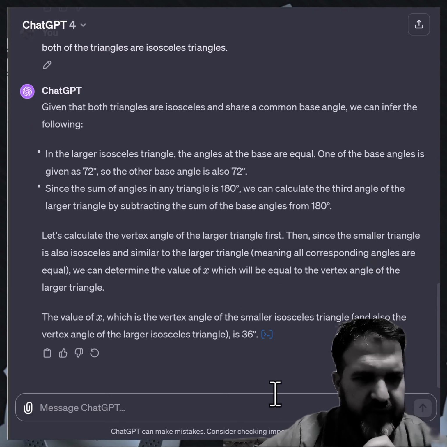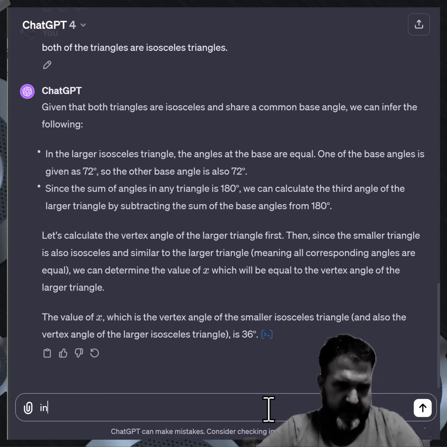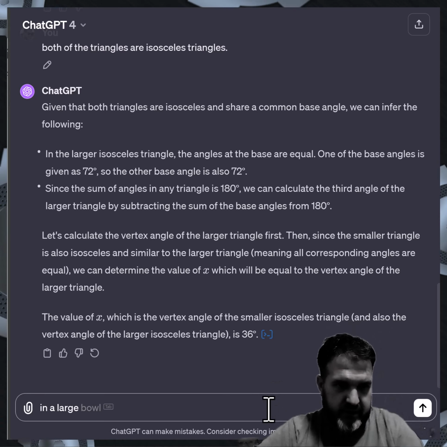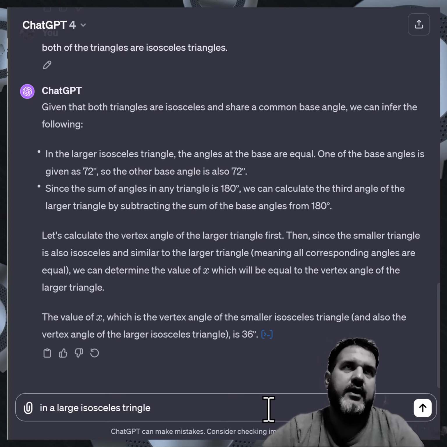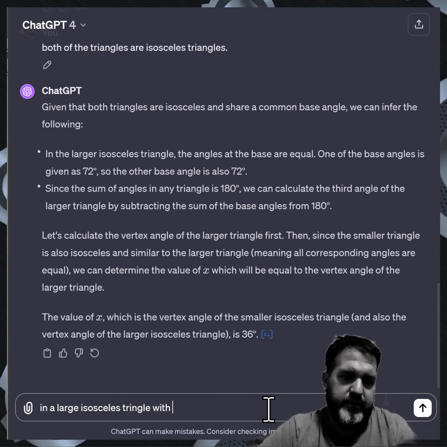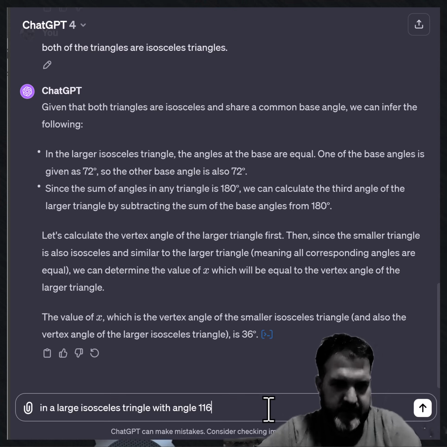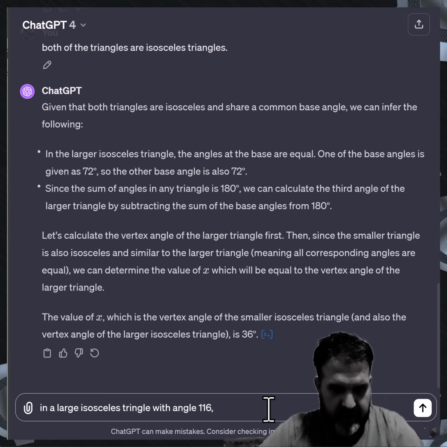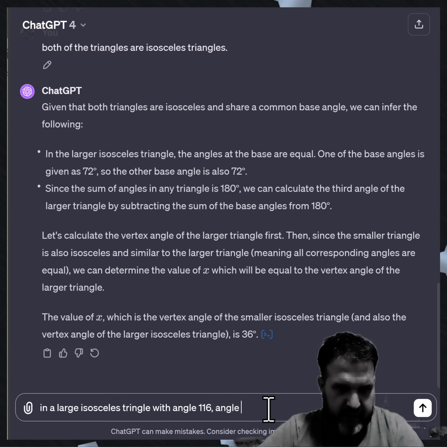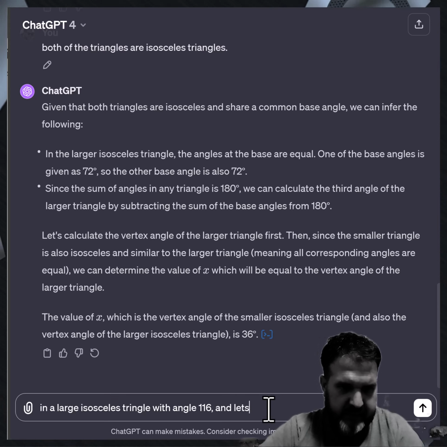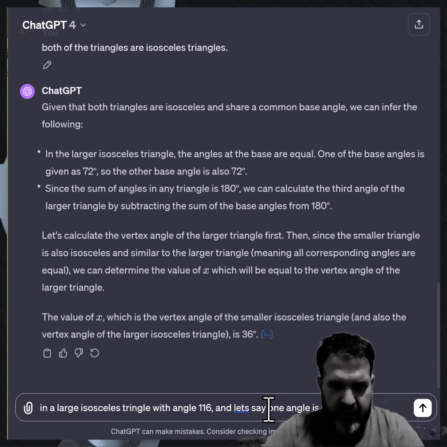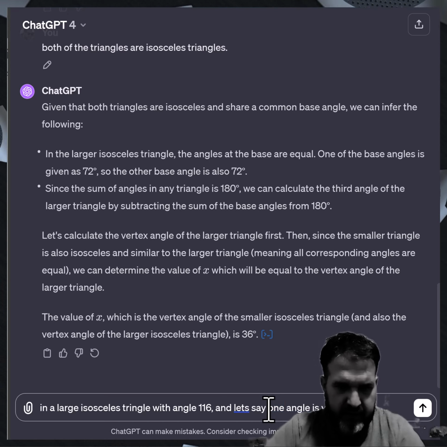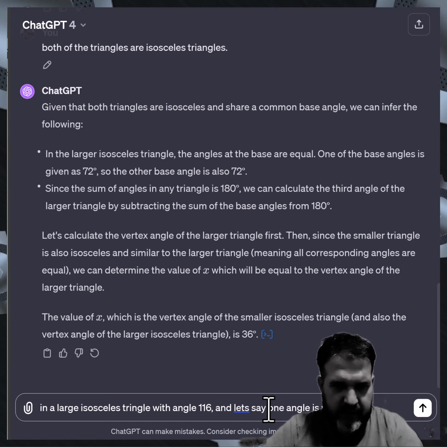How about I give you an idea? In a large isosceles triangle with angle 116, I'm going to say one angle is y plus y plus 116 equals 180.